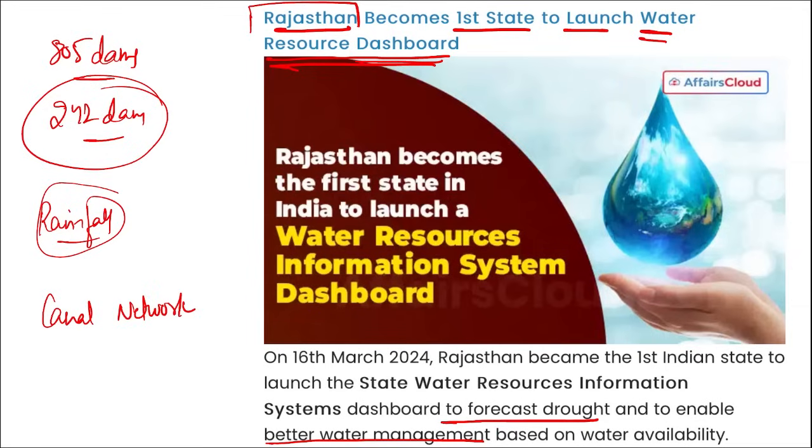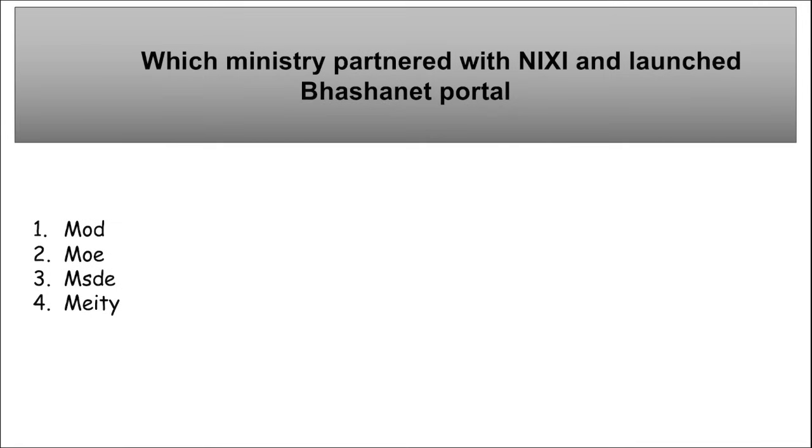Launched by Rajasthan. If I ask you who is the Chief Minister of Rajasthan? Bhajan Lal Sharma. Who is the Governor of Rajasthan? Kalraj Mishra. And in Rajasthan there is a national park, Ghana National Park. Then there is also a wildlife sanctuary here, Mount Abu Wildlife Sanctuary.